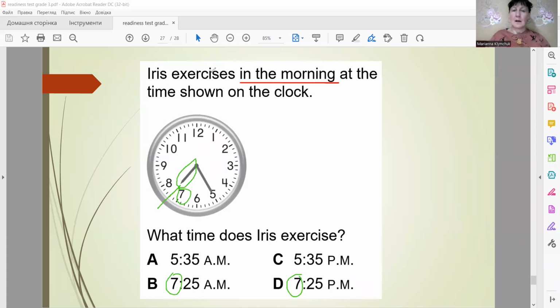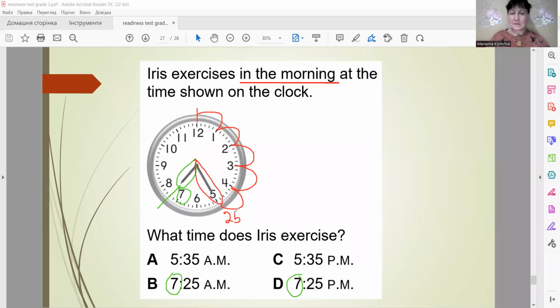Then the long hand shows you minutes. How do we know how many minutes are here? We know that every number means 5 minutes. So we count by 5. If we start from here, we do like this: 5 minutes, 10, 15, 20, 25. So here we have 25 minutes.